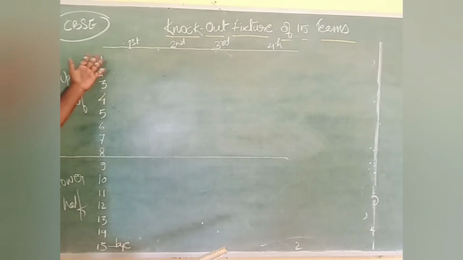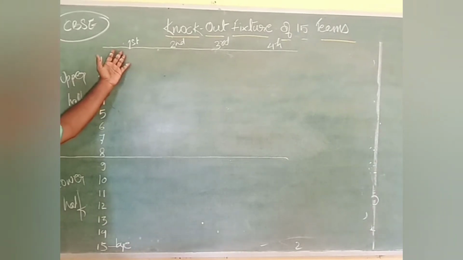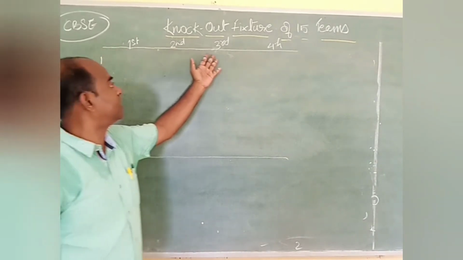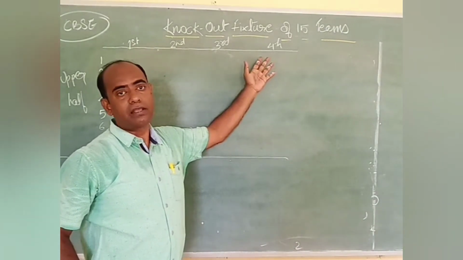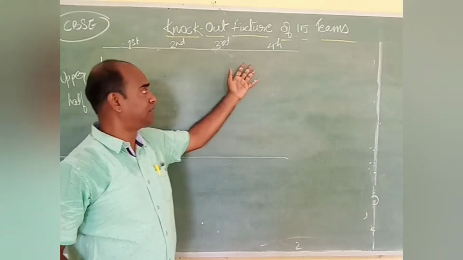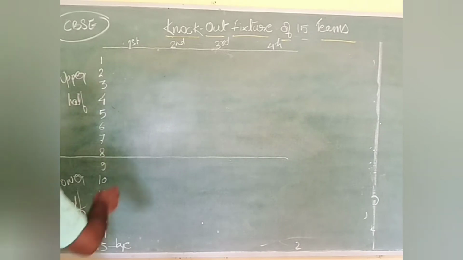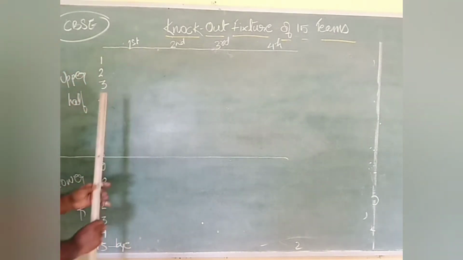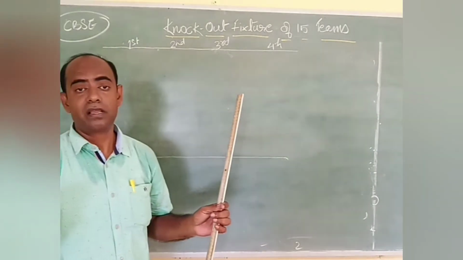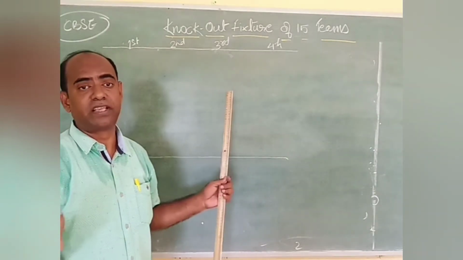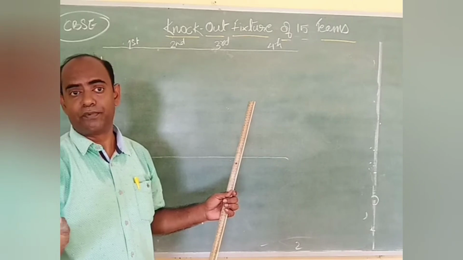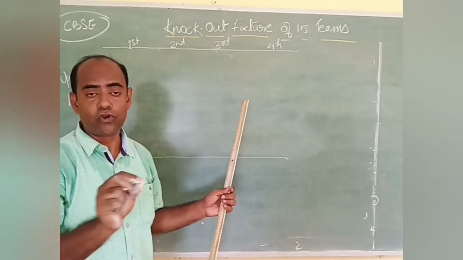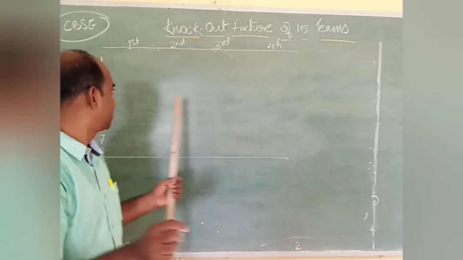As you can see, I have written here first round, second round, third round and fourth round. You can also draw in the same way. You can use a scale. I always tell the students, when you make a fixture, please use a scale. Do not use free hand to draw fixtures, it looks very odd.